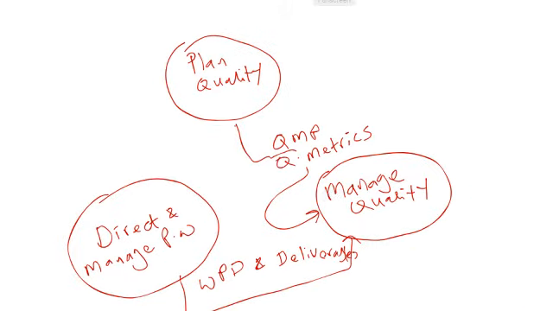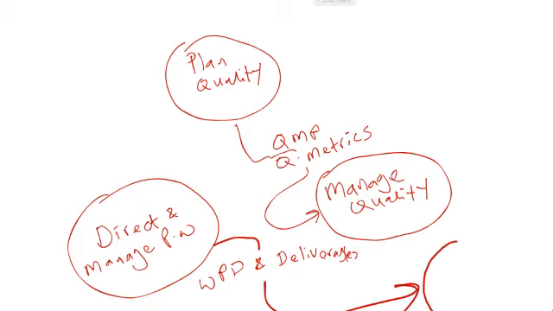Okay, and then we also have, oh, no, that doesn't go to manage quality, I beg your pardon. Let me get rid of that. I can see where your confusion is coming from now. Let me get rid of that arrow, and let me show this as going to control quality.